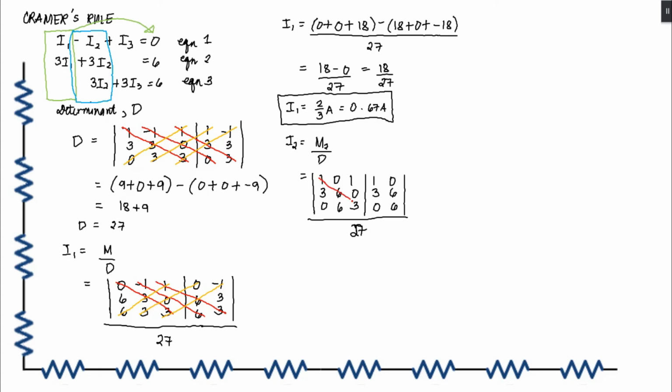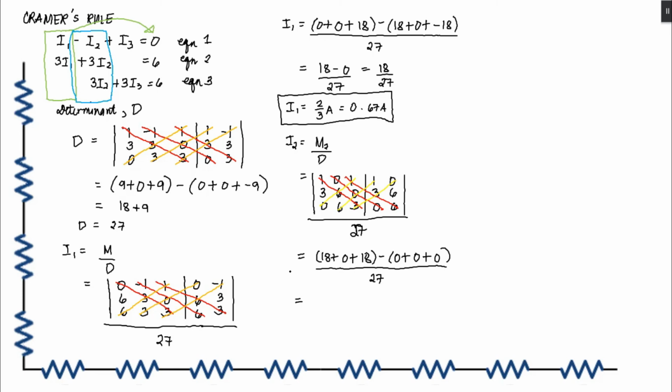So, product ani plus product ani plus product ani minus product ani plus product ani plus product ani. 1 times 6 times 3, that's 18. Plus 0 plus 1 times 3 times 6, that's 18. Minus 0 plus 0 plus 0 divided by 27.